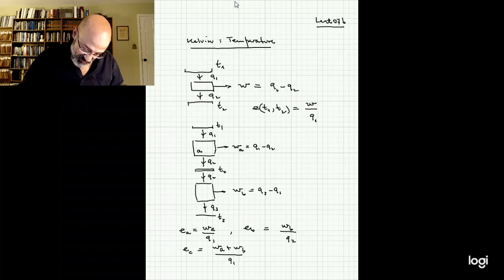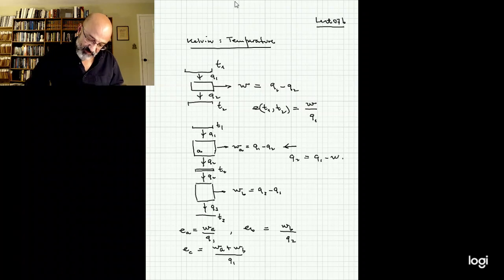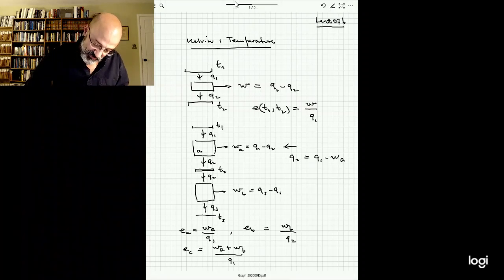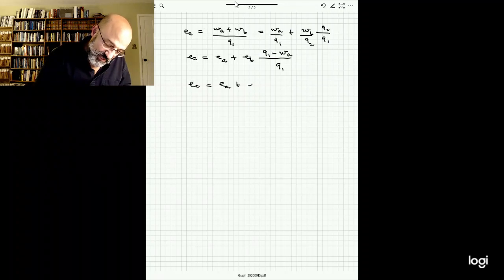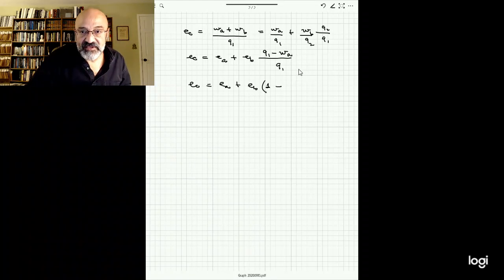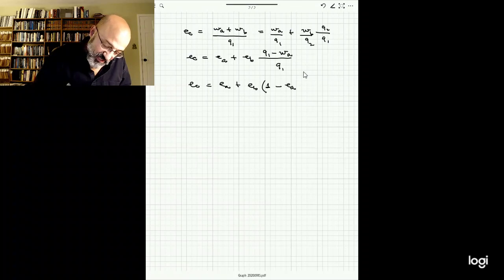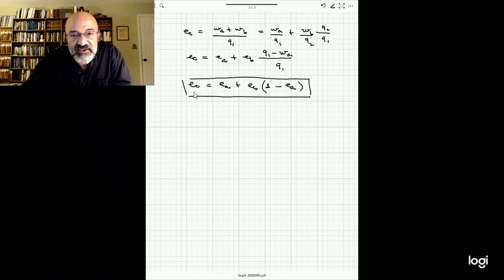Q2 is equal to Q1 minus WA. Very good. So I'm going to go back. Q2 is Q1 minus WA, so that I have this expression: EC is EA plus EB. Q1 divided by Q1, that's a 1, minus WA divided by Q1, that's EA. So here we have an expression for the efficiency of the combined machine, the composite machine, in terms of two of its parts.